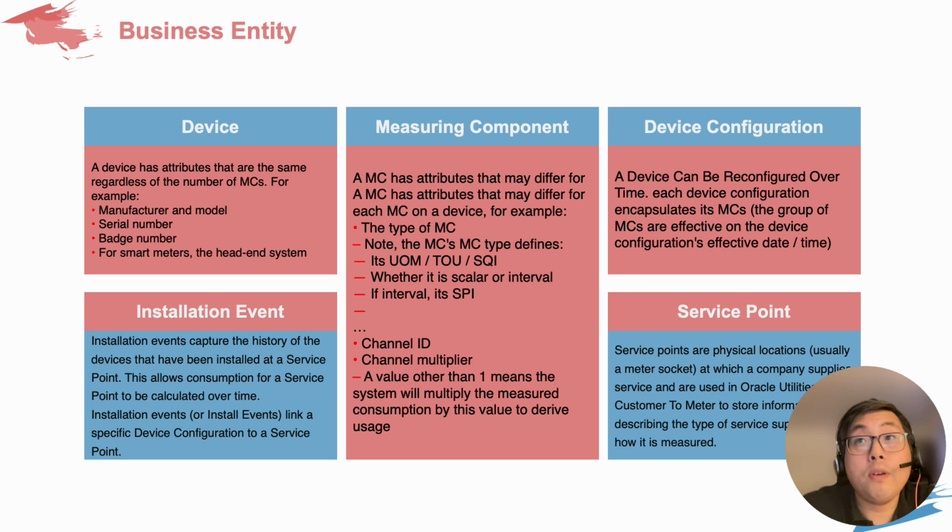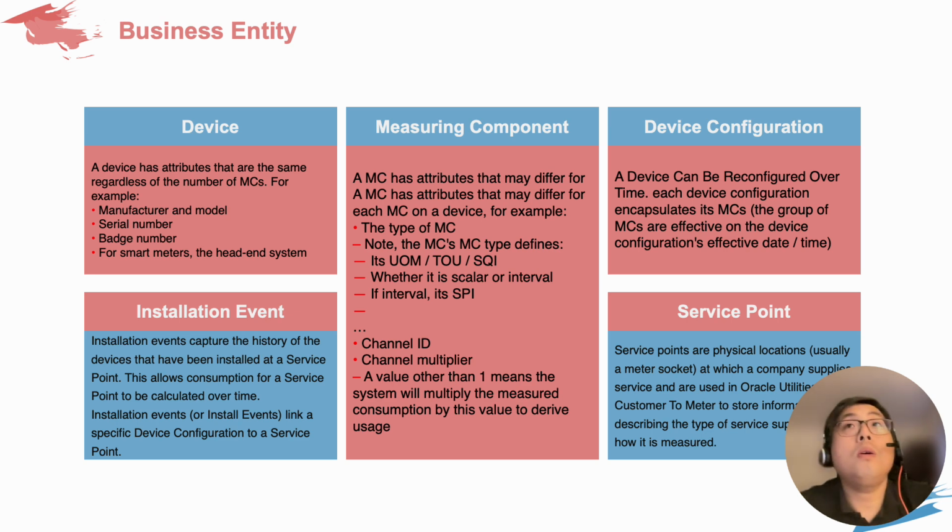Which means if you have a meter reconfigured and you create a new device configuration, a new installation event will be linking it to the service point. And remember, there's one very important thing in MDM, that's a key concept: for one service point at one time, you can only have one device config linked to it. You can't have two of them active at the same time.